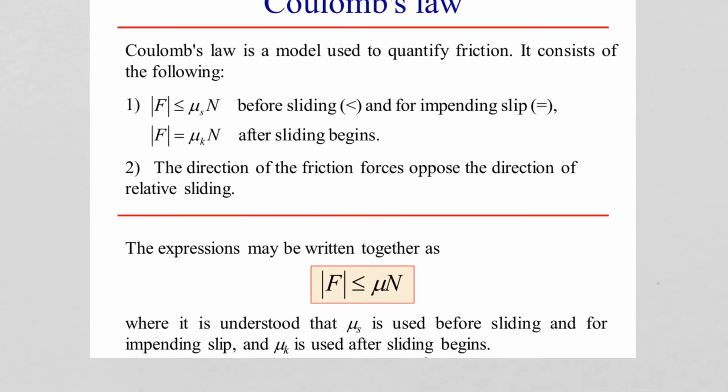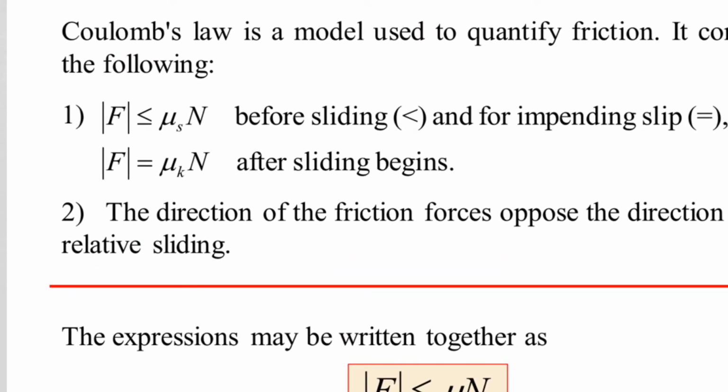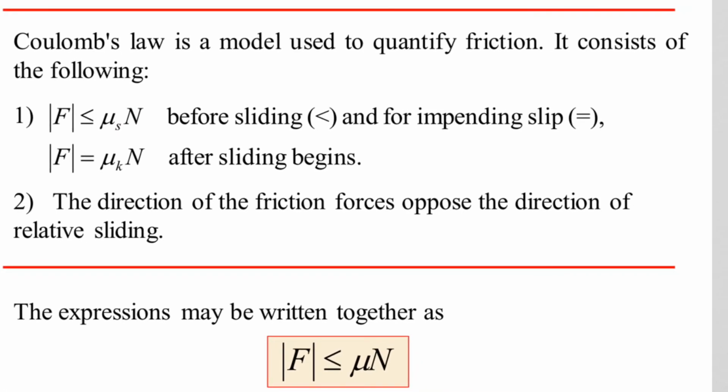Okay, so finally we have Coulomb's law, which again states that our frictional force is less than or equal to our static coefficient of friction times the normal force. And it is less than that up until impending motion. Once it's just about ready to move, then they're equal to each other.